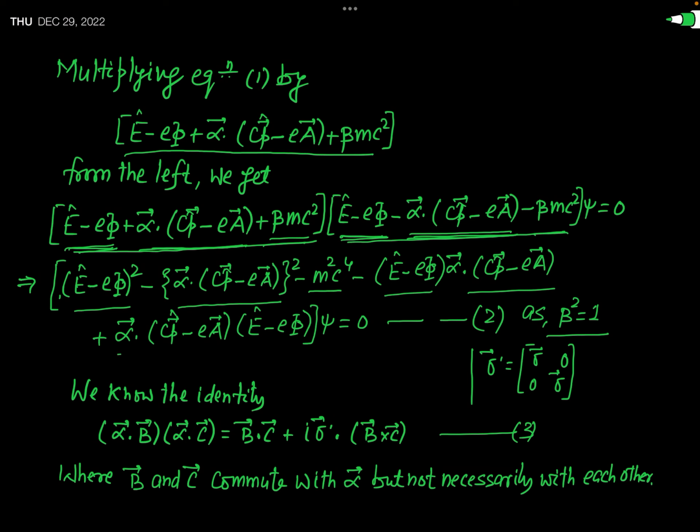So this is alpha dot (Cp minus Ea) operated on E minus Eφ. Okay. And the remaining terms will vanish when you take the operation of beta mc square on the other terms, except this minus beta mc square, so I have not written them here. Okay, I think you are getting the things.